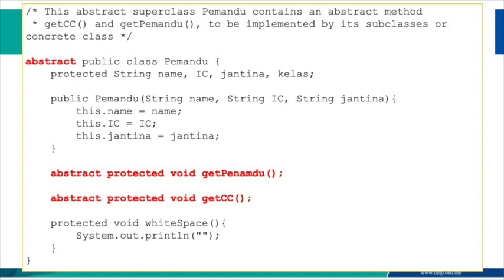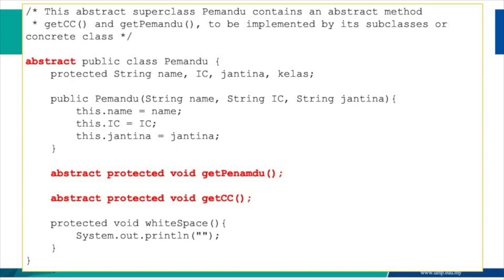You can see here, this is the example of the abstract class. This abstract superclass pemandu contains abstract methods. If you notice, in this abstract class pemandu, it has two methods, which are getCC and getPemandu, to be implemented by each subclass, or we know it as a concrete class.